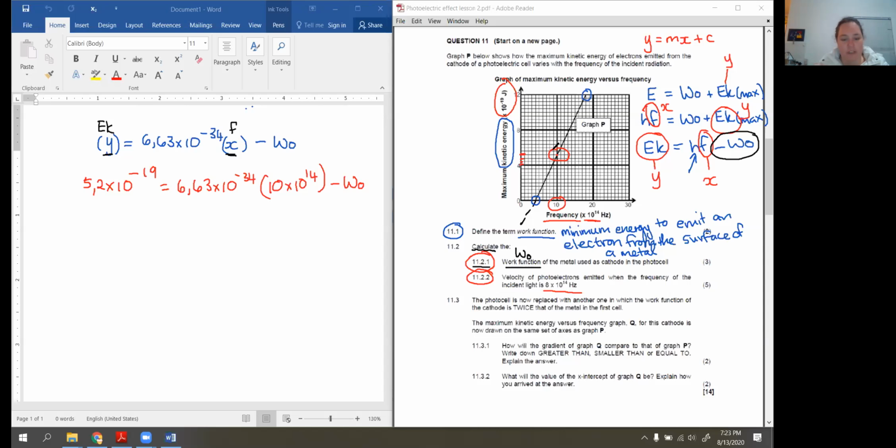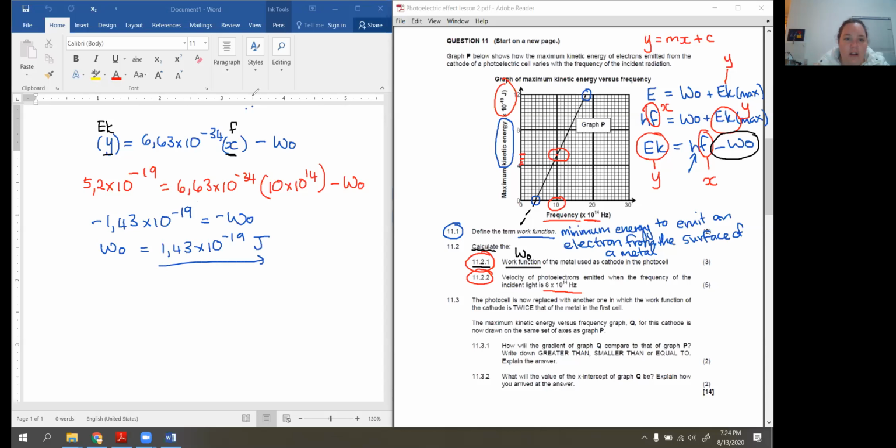There's the positive 14, good. If I do that, I get negative 1.43 times 10 to the minus 19 is negative W naught. So therefore the work function W naught is 1.43 times 10 to the minus 19 joules.